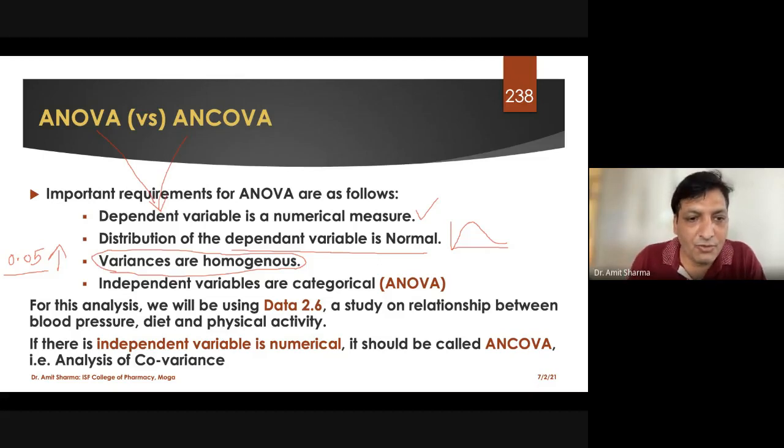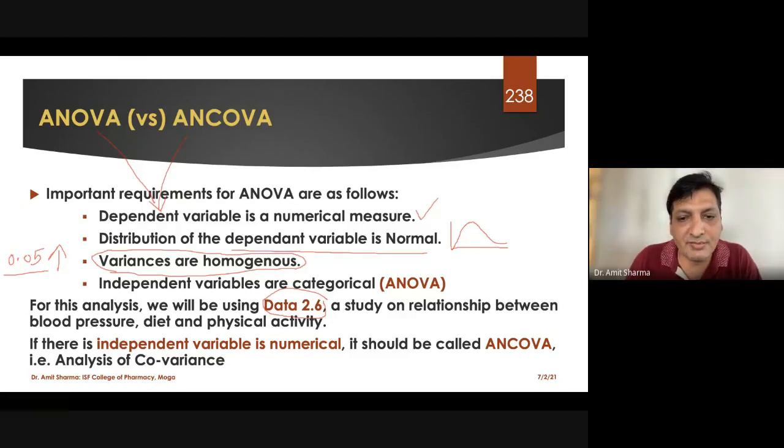For this analysis, I'm going to use dataset 2.6. It is the same one which I used for the linear regression through GLM, where we compared physical activity with calorie intake, and the dependent variable was BMI, sorry, systolic blood pressure.